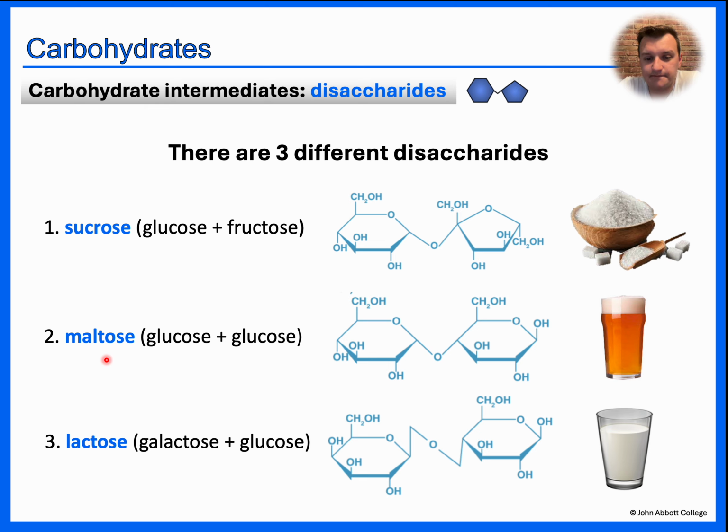Maltose: when you take a glucose and another glucose and bond them together, the red Lego block and the red Lego block, that will form this molecule. Maltose is the predominant thing found in beer. It gives it its hoppiness. This is the malt that we find in beer.